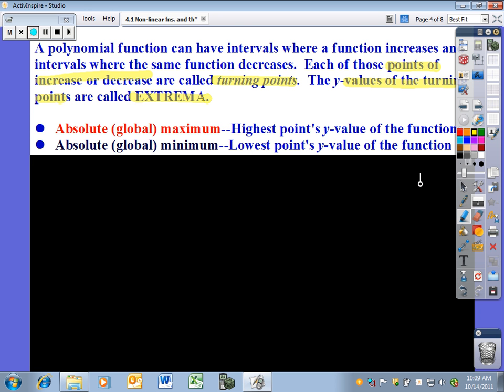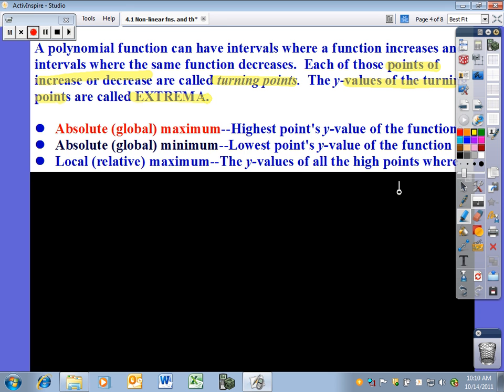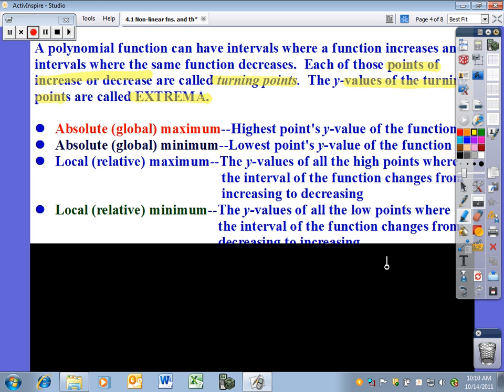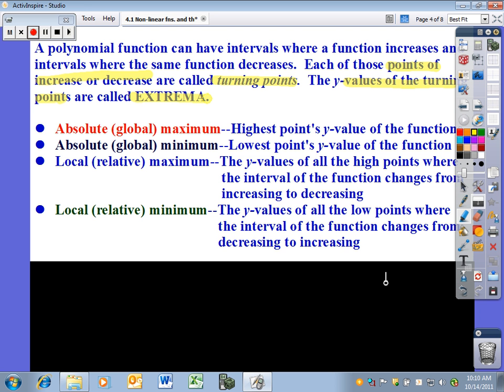Opposite that would be an absolute minimum, which is the absolute lowest point's y value. Those are considered global extrema. Then we can have local maximum, which are all the y values of all the high points. And opposite that would be local minimums, which are the y values of all the low points.